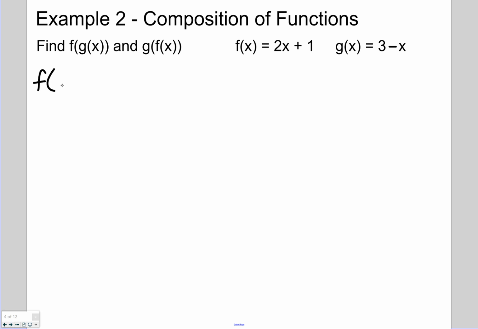F of g of x. Now, I've decided after doing this for 8 years that this is the best way to go about trying this if you're still having trouble. So the first thing I ask is, what is the first letter you read? F. What is the f of x function? Very good. So I'm going to write down 2x plus 1, but instead of an x, I'm going to put a big giant box.